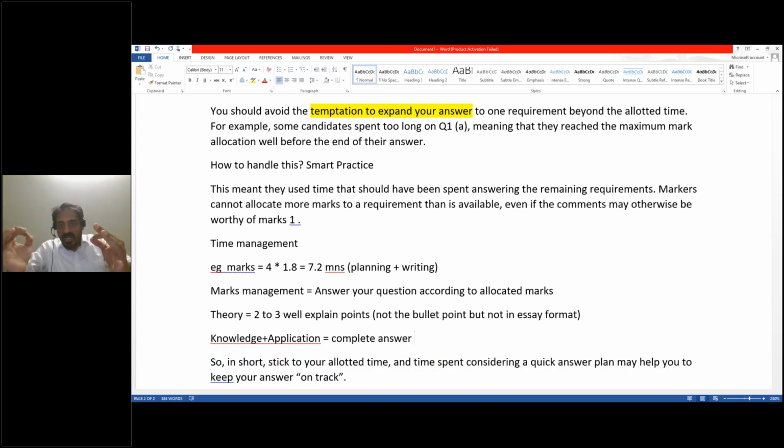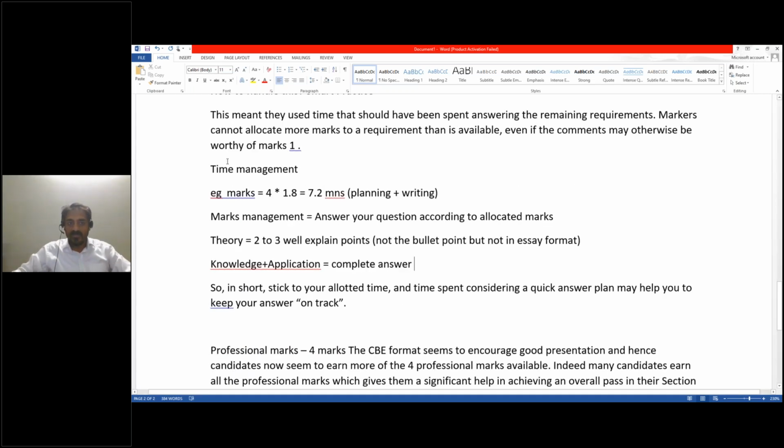Knowledge means your syllabus knowledge, that rote learning, but you have to attach it with the case. That means knowledge plus application. Application means connect with the case. This is what I have explained, elaborating the meaning of the examiner.